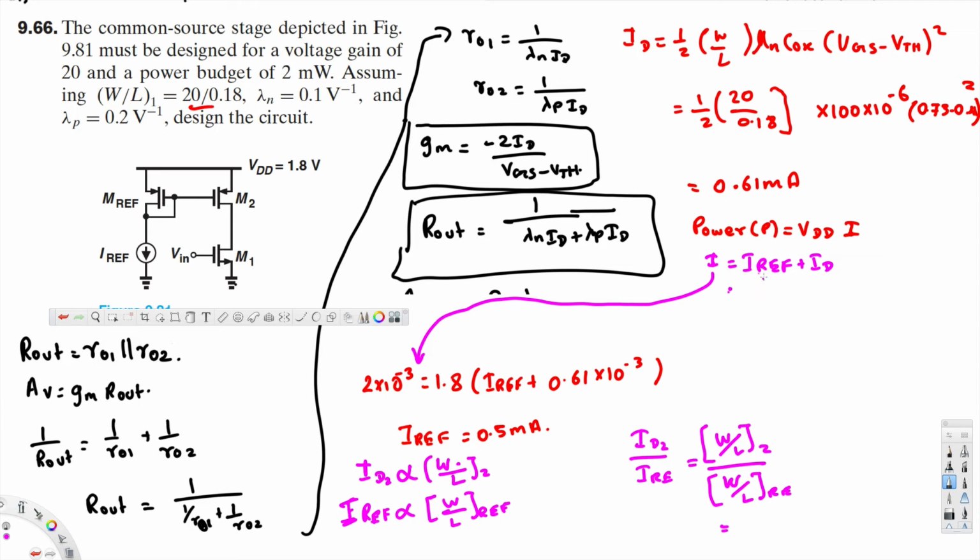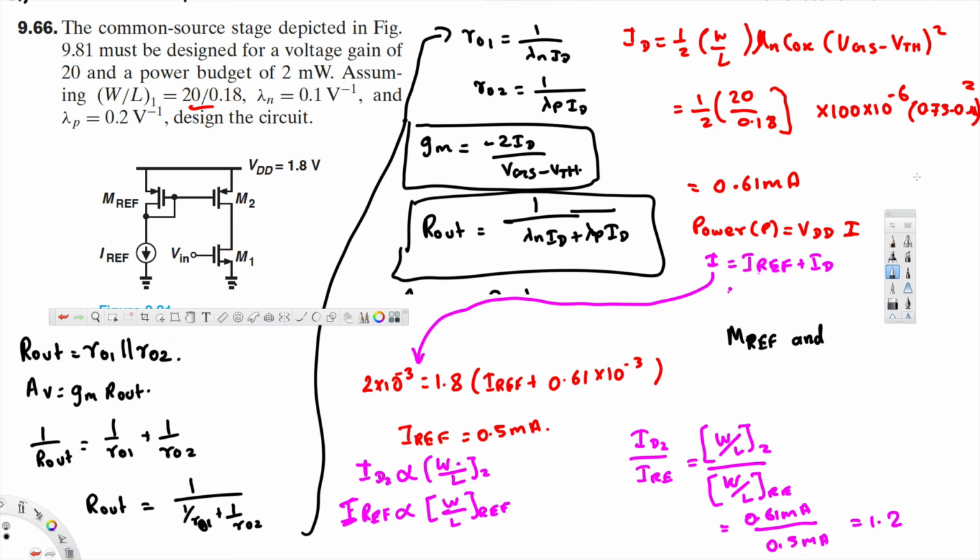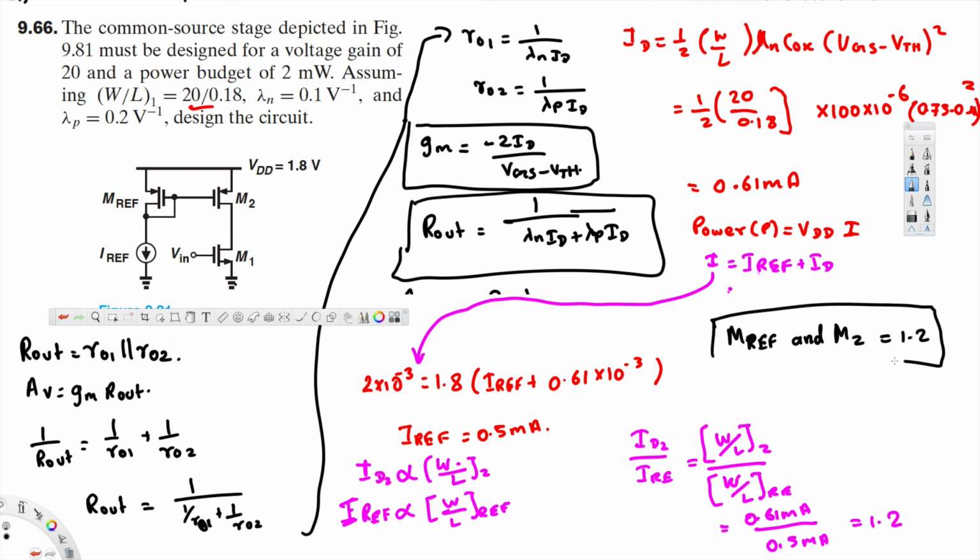ID2 we calculated to be 0.61 milliampere, divided by I ref, which we calculated as 0.5 milliampere, and that gives us 1.2. So finally we can say that (W/L)ref and (W/L)2 ratio is equal to 1.2. That's the final solution.